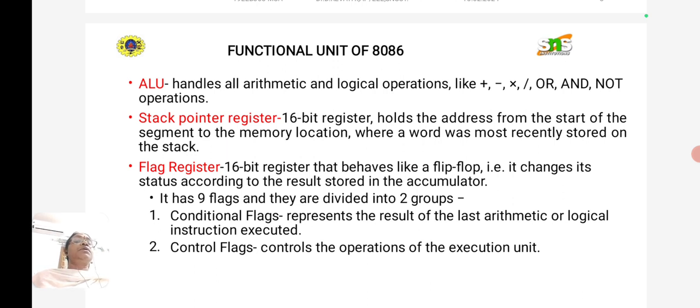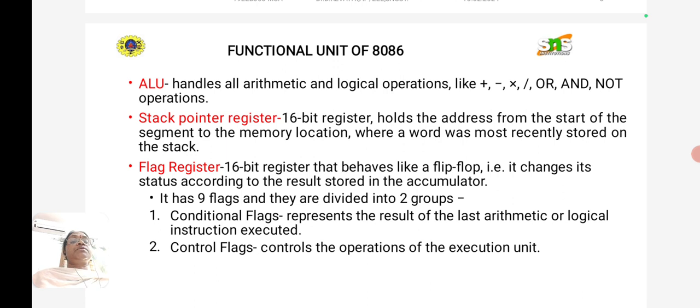The stack pointer is a 16-bit register. It holds the address from the start of the segment to the memory location where a word was most recently stored on the stack.